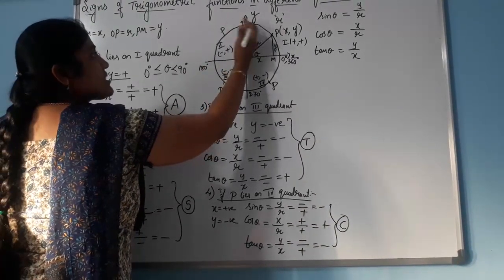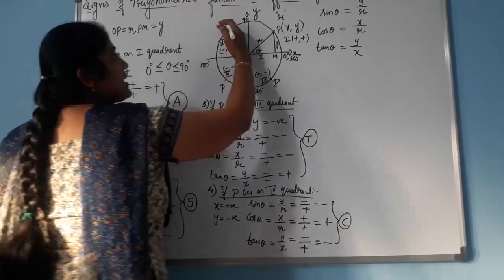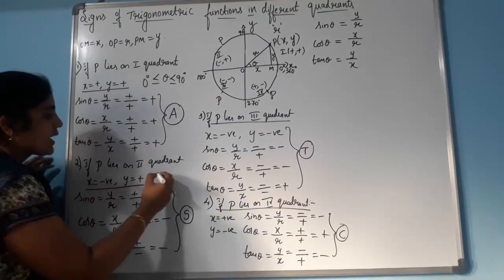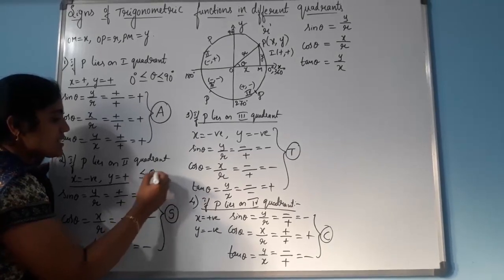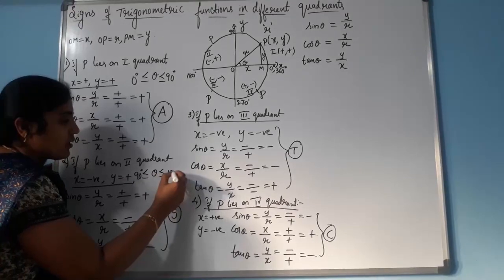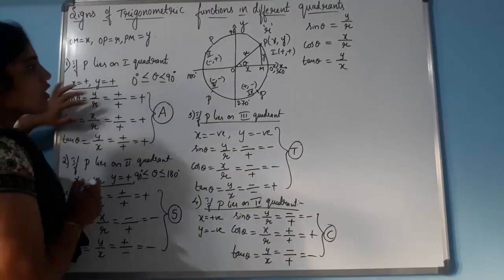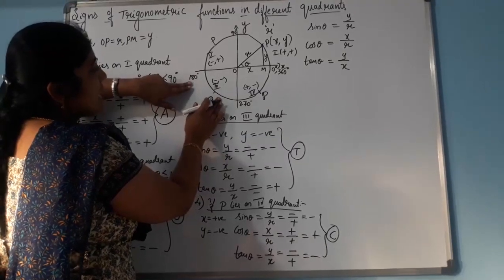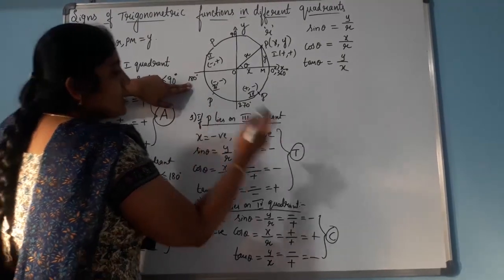If we come to the second quadrant, where P lies, theta lies between 90 degree to 180 degree. In the third quadrant, the angle lies between 180 degree to 270 degree.